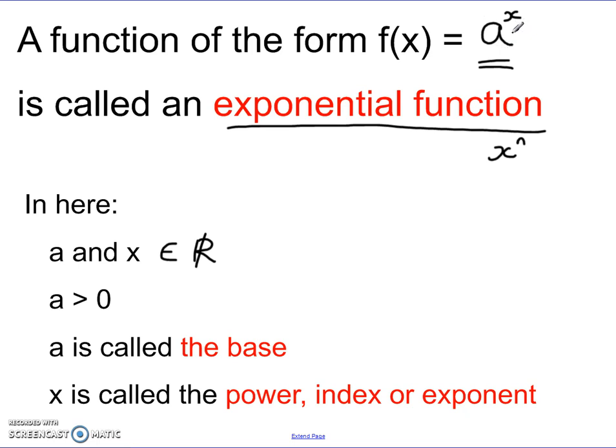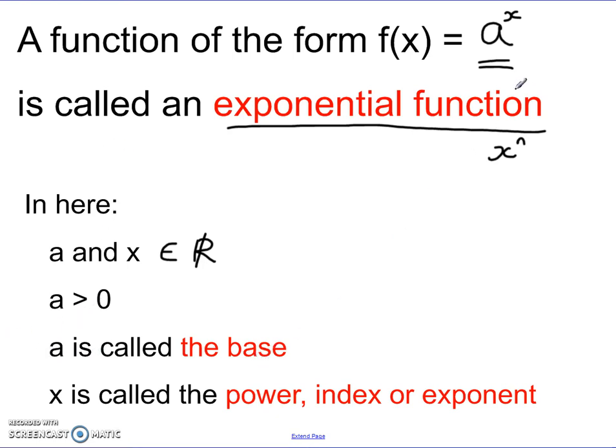And there are certain rules and a few names that we have to be involved with these. First thing we need to know is that x and a belong to the real set of numbers, i.e. they belong to any of the numbers that exist. We also need to know that a is bigger than 0, so a can never be a negative value in an exponential function. It just doesn't work. As well as being bigger than 0, a also has a special name.